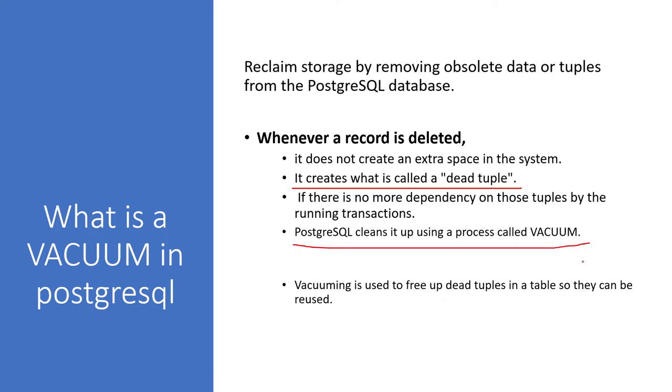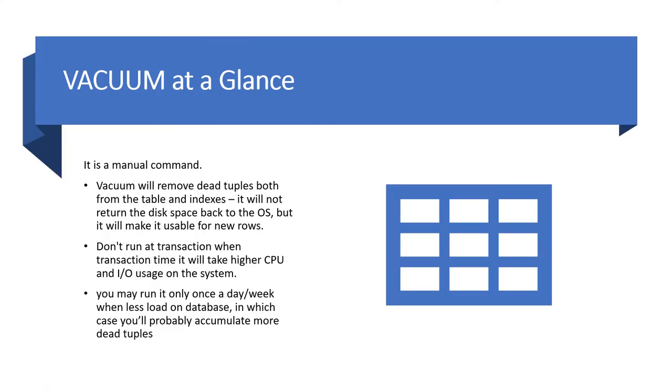Vacuum is used to free up the dead tuples in the tables, and these rows can be reused. So you can use those rows later on. There may be an option also wherein that space can be returned back to the operating system.